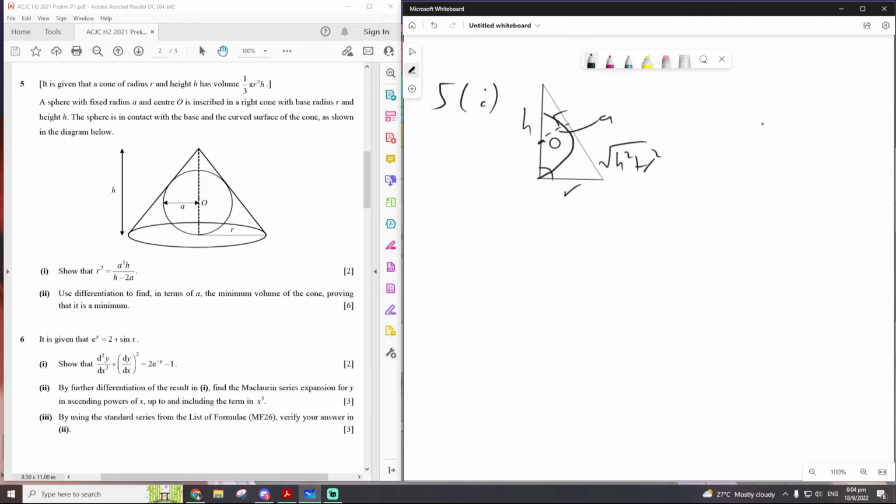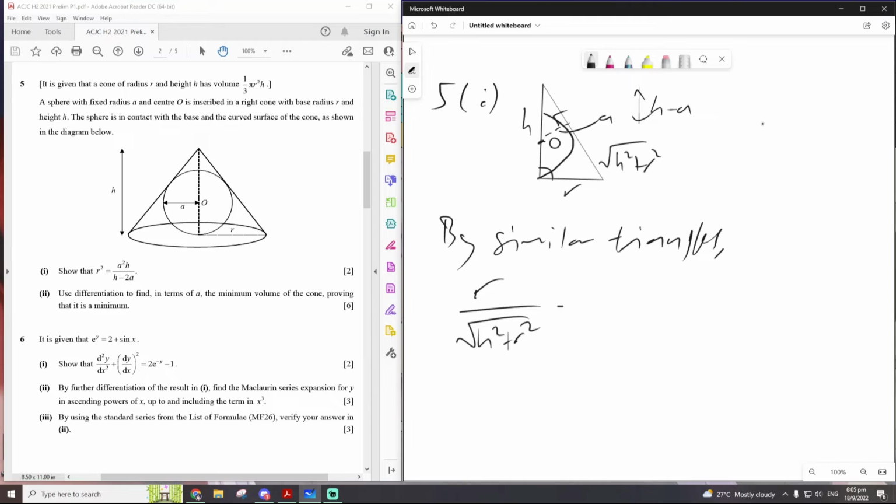And this height here is h minus a, right? So by similar triangles, I'll put r on top. R divided by the hypotenuse, square root of h squared plus r squared. This is a similar triangle, so we have a divided by h minus a.